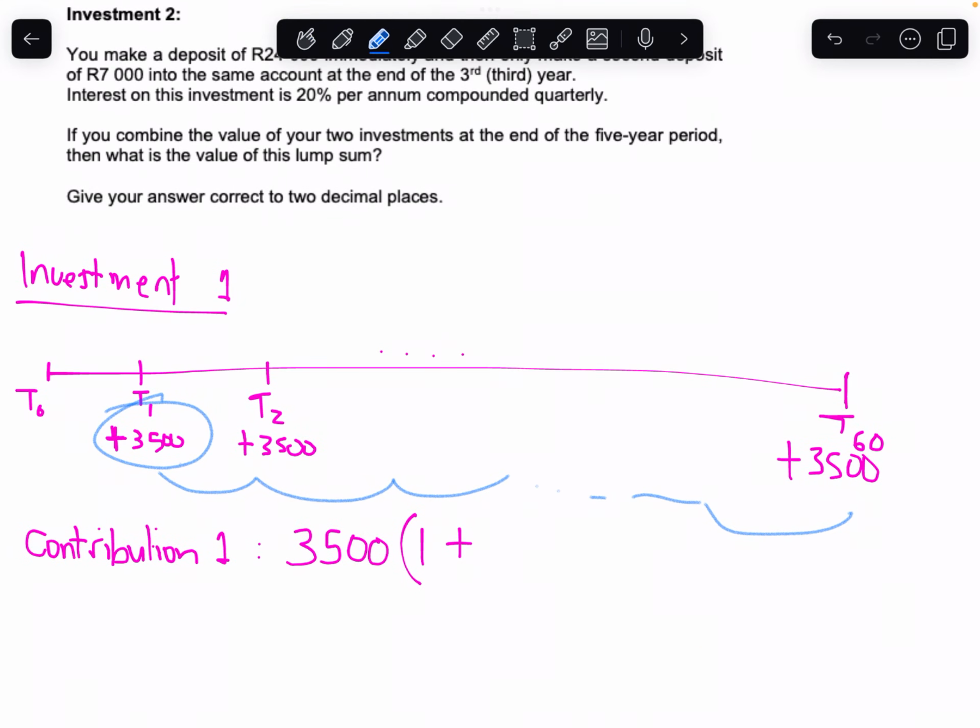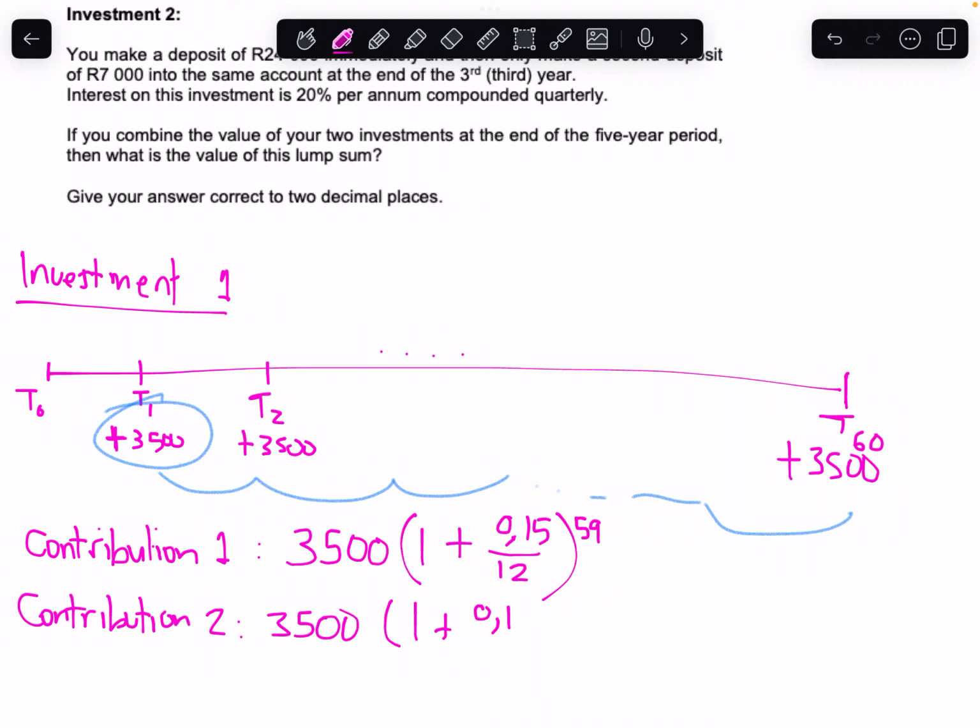That will be 15% divided by 12. 15% is for the year, so we need to get the monthly rate, and that will be for 59 months. Your second contribution is pretty much the same, but it's going to grow for 1 less month.